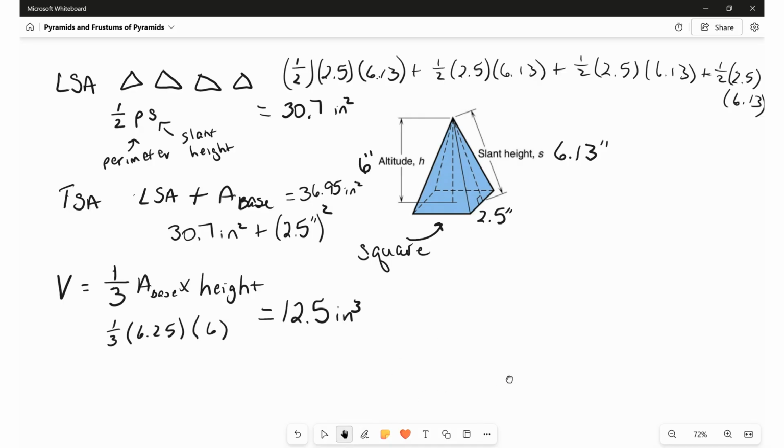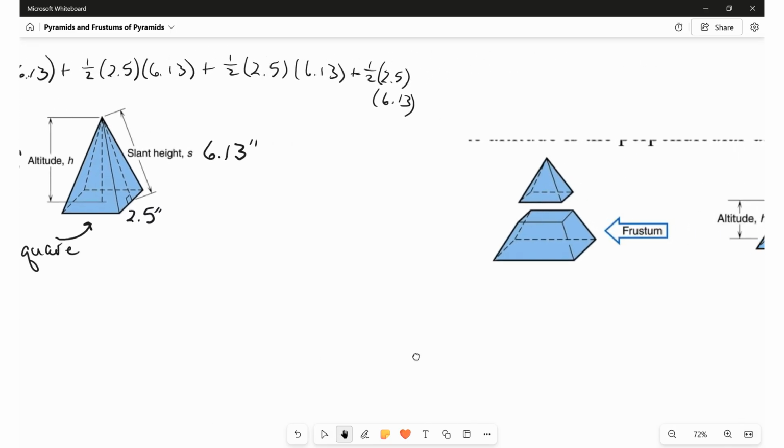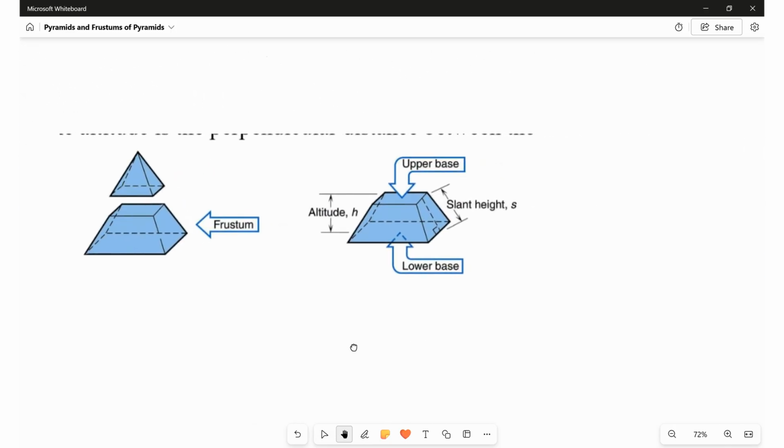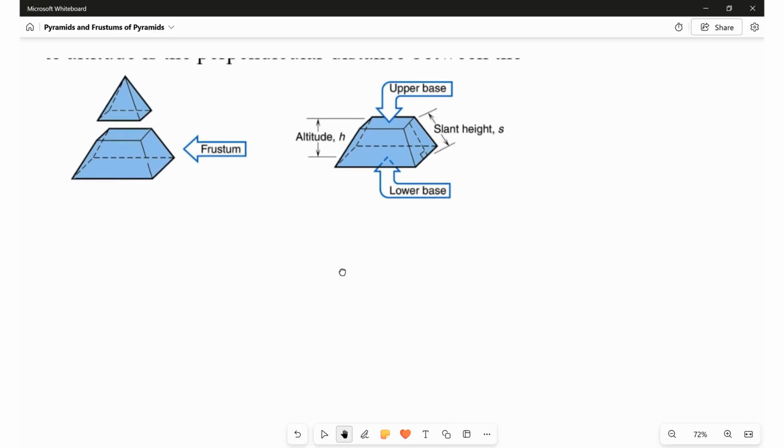So next I would like to talk about something called a frustum of a pyramid. A frustum is just like if we cut the pyramid and take off the top, it's the piece that's left. So here we have an upper base, a lower base.